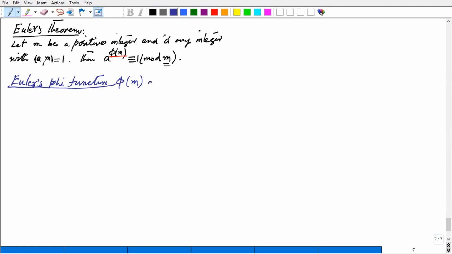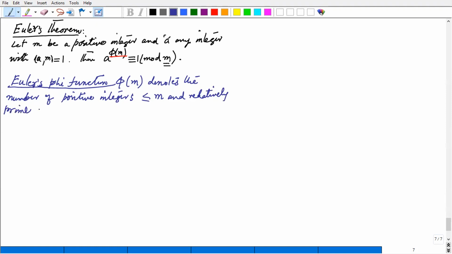This function denotes the number of positive integers less than or equal to m and relatively prime to m.